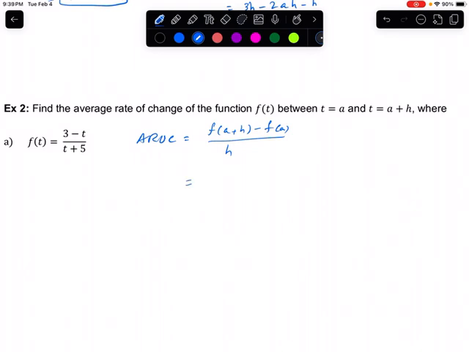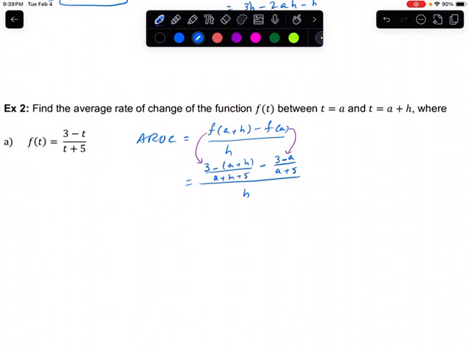I have a big line, and on top, f of a plus h will be 3 minus a plus h over a plus h plus 5, minus f of a, which is 3 minus a over a plus 5. So notice here that this quantity f of a plus h is this expression and f of a is this expression.